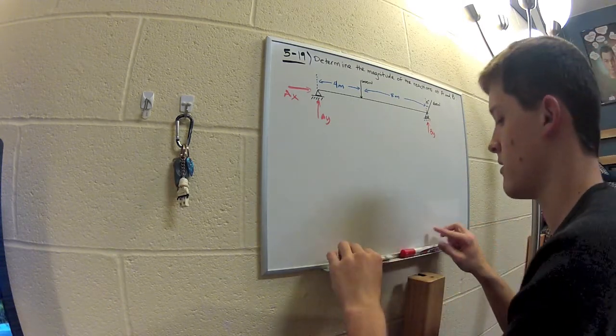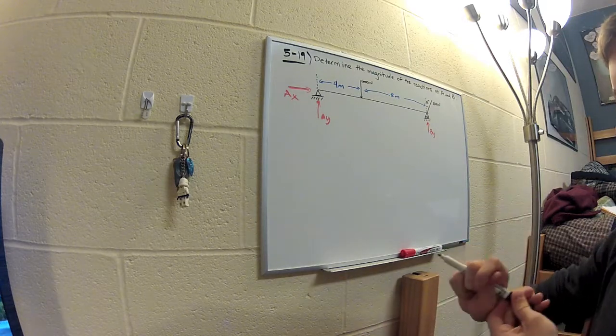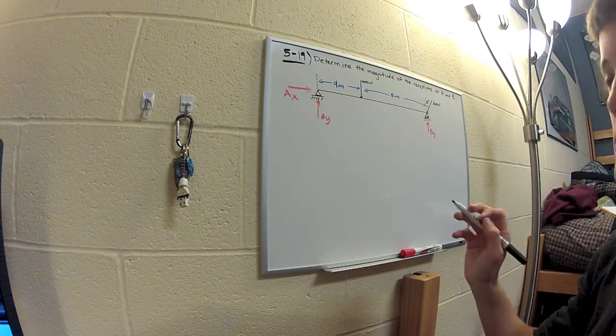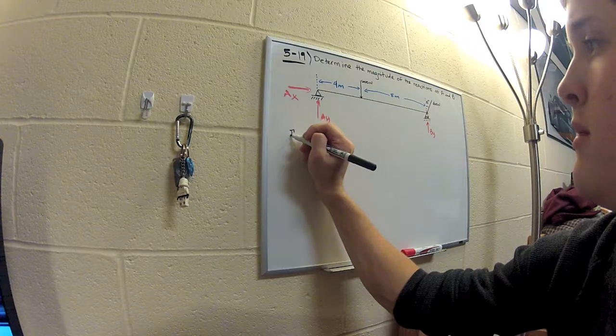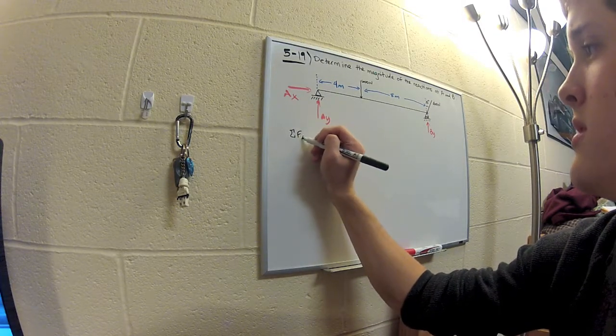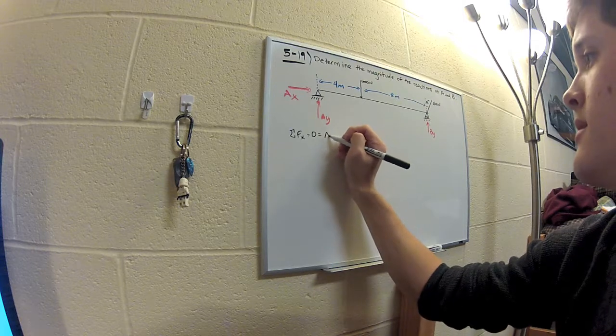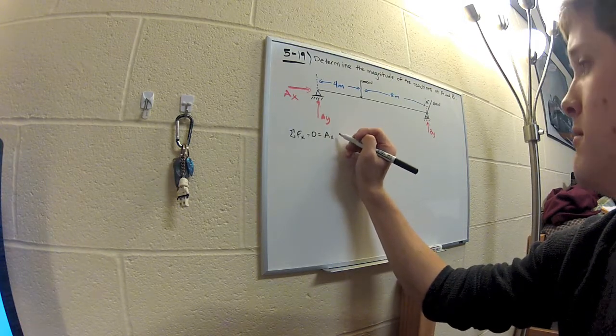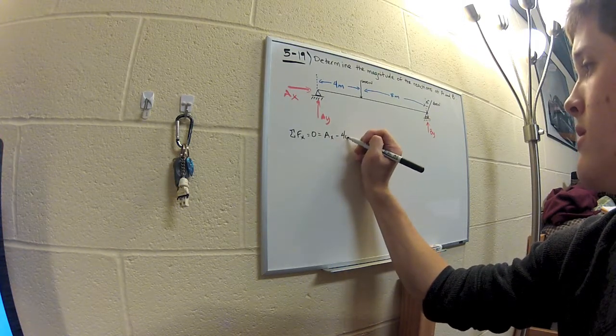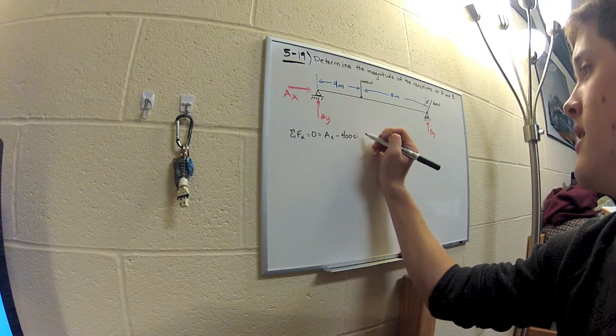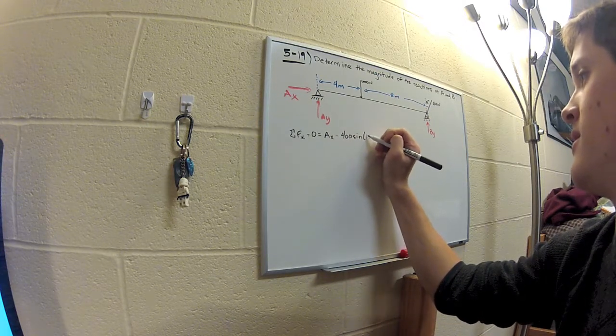Okay. Now let's solve for AX first, because that looks like it's going to be the easiest. So I'm going to do the sum of the forces in the x direction equals 0, and that's going to be AX minus 400 sine of 15 degrees.